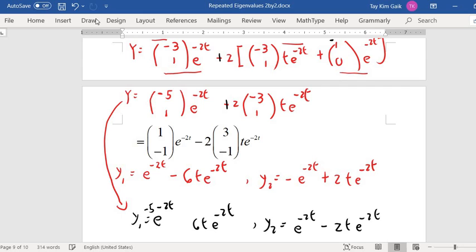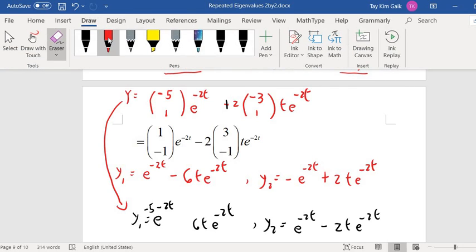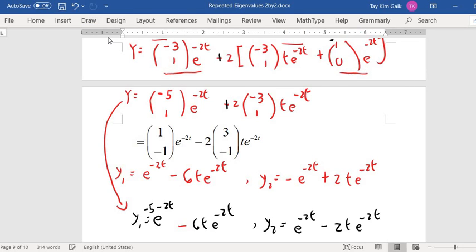So this one is negative 5 exponent negative 2t minus 6t exponent negative 2t.